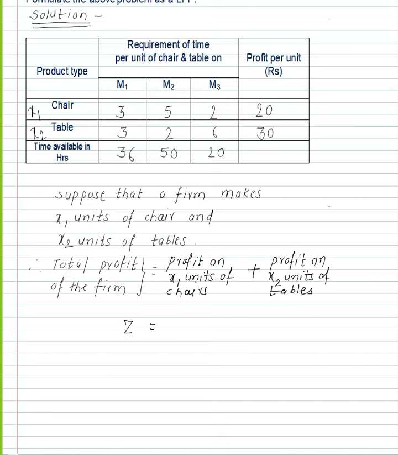Now look at the table. Profit per unit is given. Profit on 1 unit of chair is 20. A firm is making x1 chairs, so total profit will be 20 into x1.